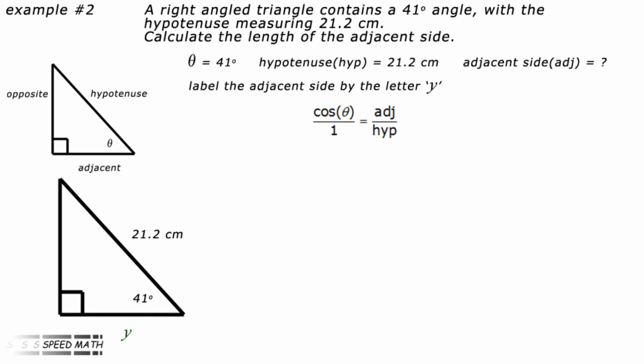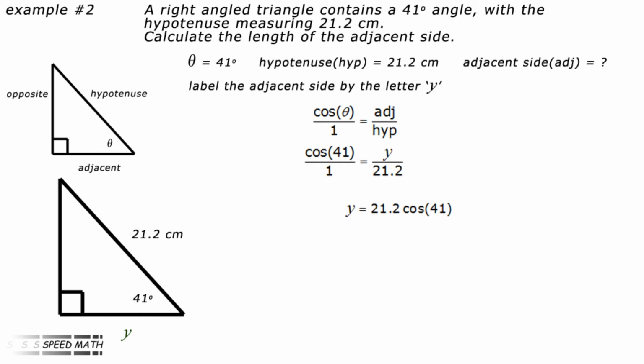First, write out the cosine ratio, putting a 1 under the cosine theta. So we have cosine theta over 1 equals adjacent over hypotenuse. Repeat this, putting in the values for theta and the hypotenuse. So we have cosine 41 degrees over 1 equals y over 21.2. Now cross multiplying, top left by bottom right equals top right by bottom left.